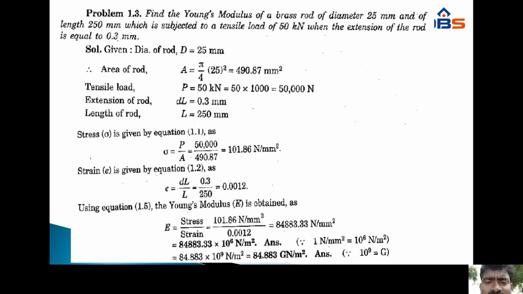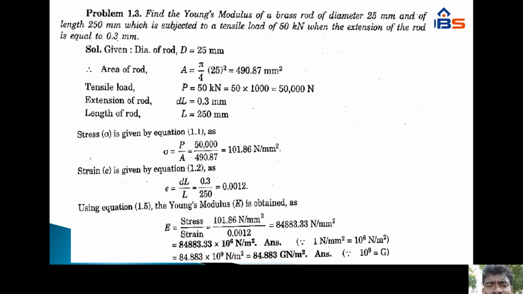Next, this is another problem. Find the Young's modulus of a rod of diameter 25 mm, of length 250 mm, which is subjected to a tensile load of 50 kilonewtons when the extension of the rod is equal to 0.3 mm. Okay, first write down the given data.